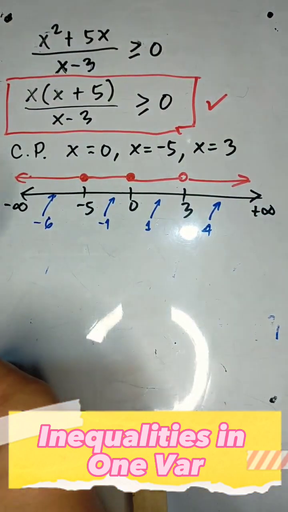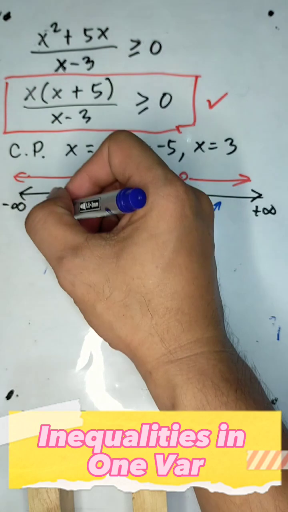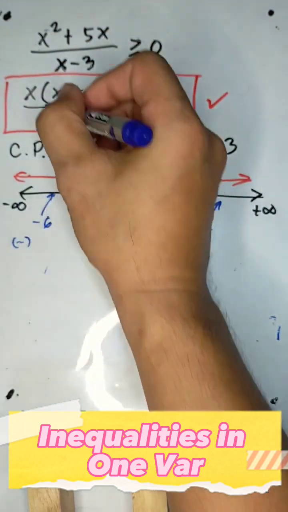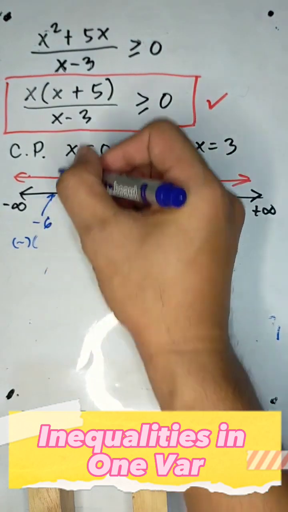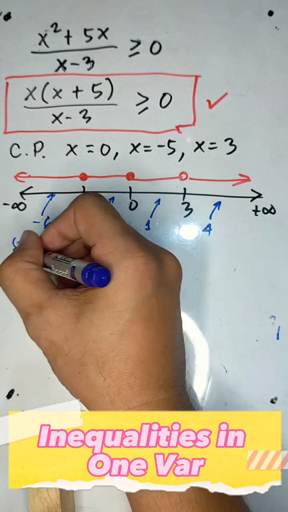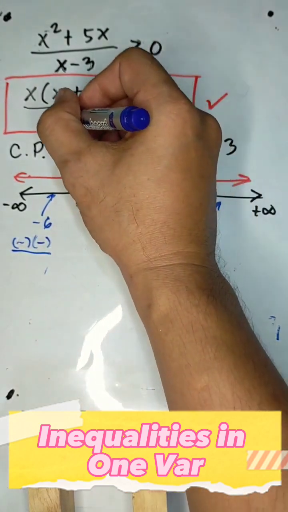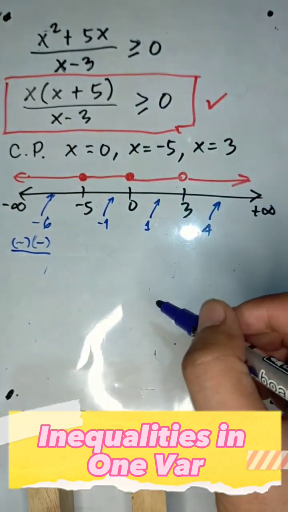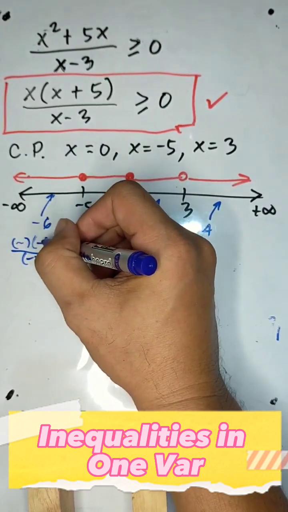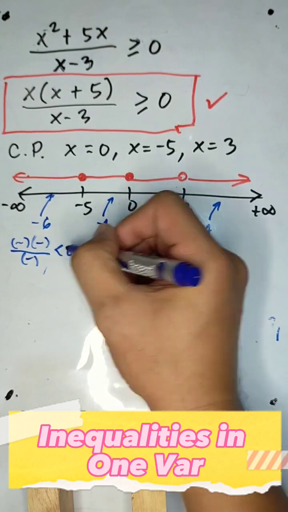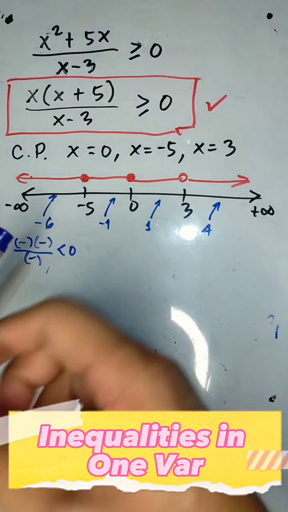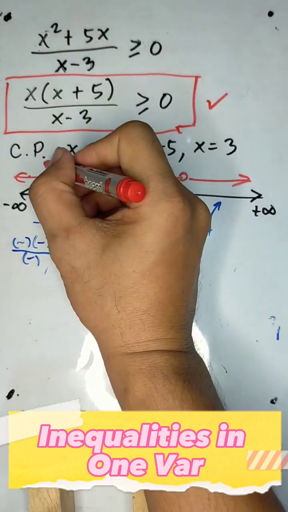Now, if x is negative 6, the first factor, x, is negative. The second factor, negative 6 plus 5, is negative 1, so it's negative. The denominator, negative 6 minus 3, is negative 9, so it's negative. Negative times negative is positive, divided by negative gives us negative. That's negative, but we need positive, so it's false in this interval.